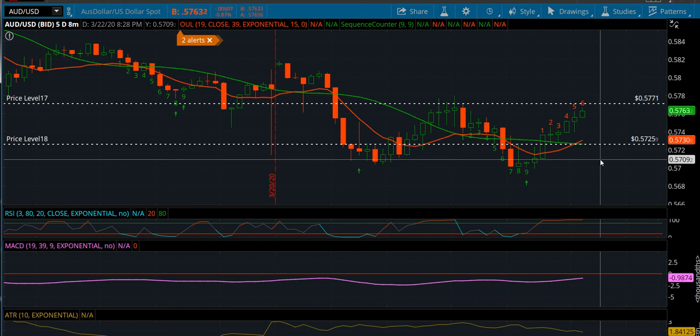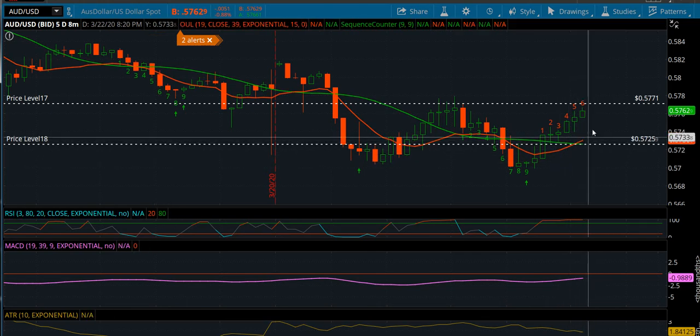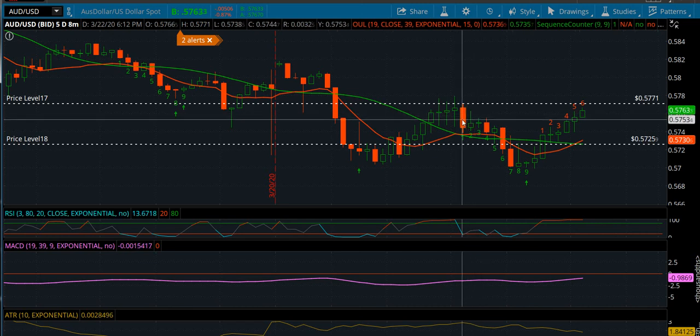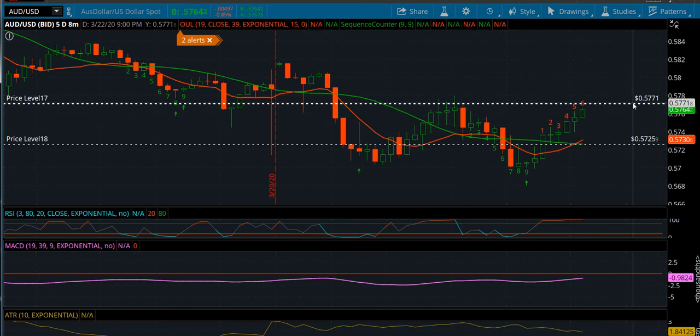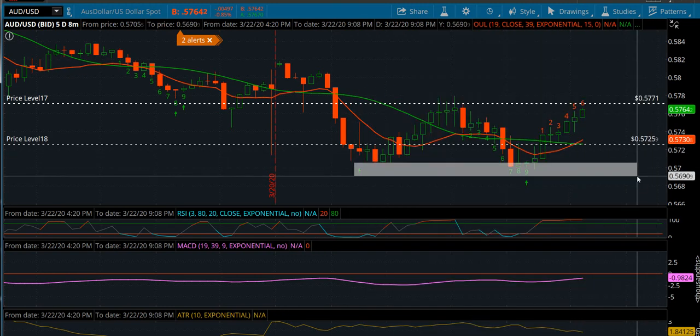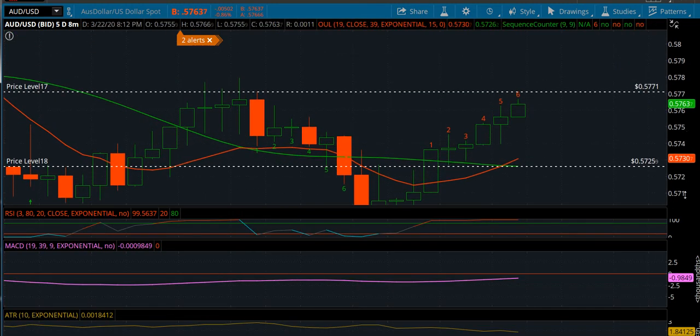So what I'm looking for right now, I'm not worried about the red line right now. What I'm looking for right now is I'd like price to tag that number. This number is exactly 5771. I like price to tag 5771. Does it always? Nope. Just like I said, nothing works all the time.